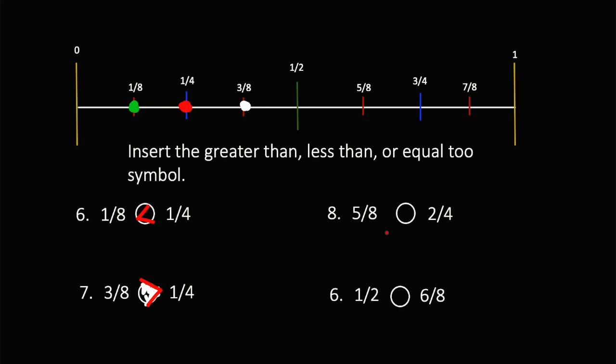And now we're going to be looking at this one. We have 5/8 and 2/4. Well, let's look at it like this. We see 1/8, 1/4, but we also know that this is 2/8 as we showed earlier, 3/8, 4/8, well, 1/2, but we know it's 4/8 as well, and then 5/8 right here. So now we have to look at 2/4. 1/4, but then again, we know that 4/8 and 1/2 and then 2/4 are all equal, so we can write it like that.